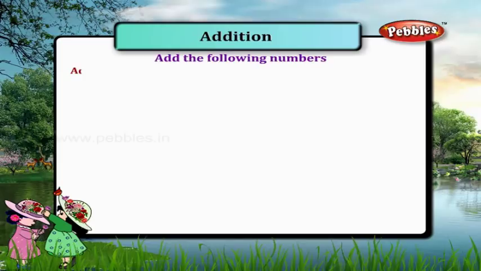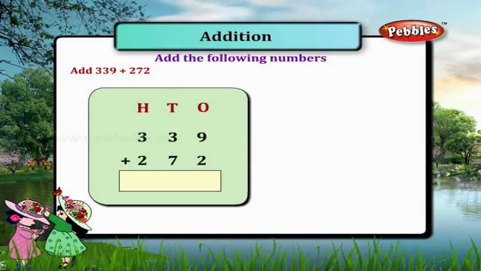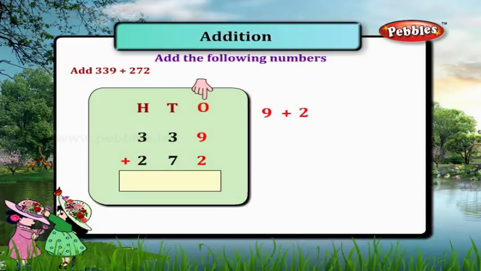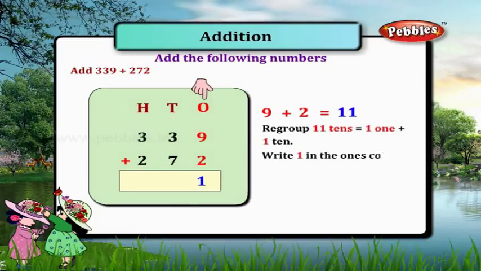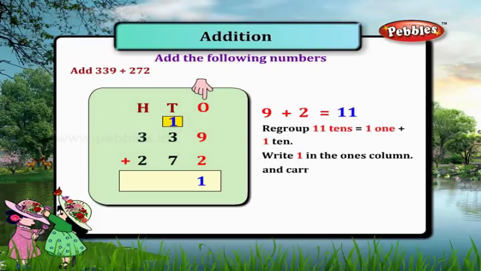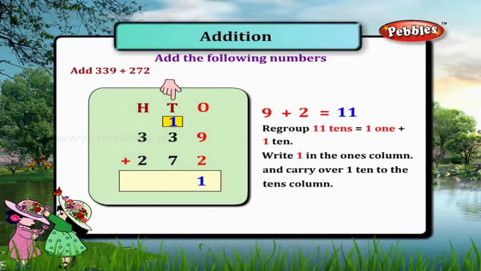Now what is 339 plus 272? Add the ones. 9 plus 2 is equal to 11. Regroup 11 into 1 one and 1 ten. Write 1 in the ones column and carry over 1 ten to the tens column.